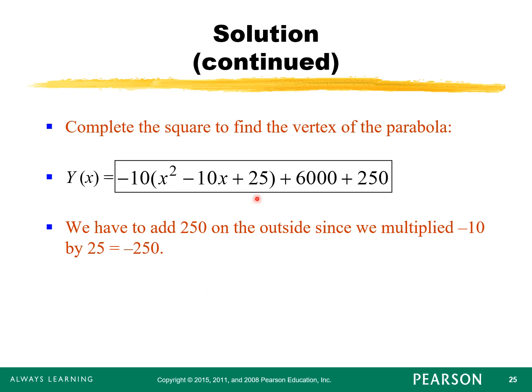So minus 10 x power 2 minus 10x plus 25 plus 6,000 and plus 250. We added this here to eliminate this number. Okay? And now what should we do?